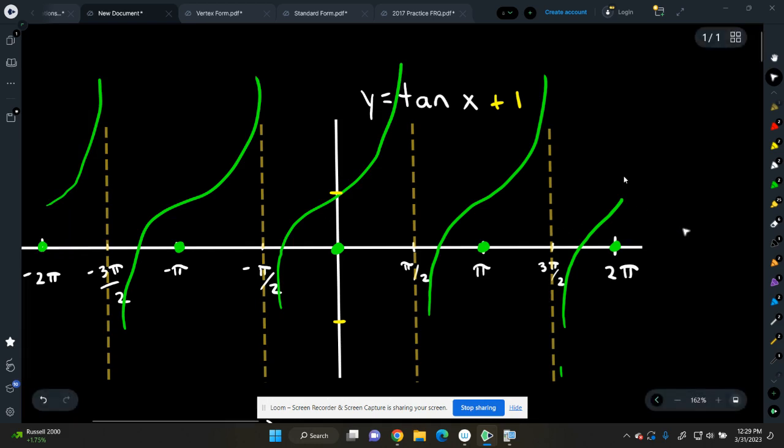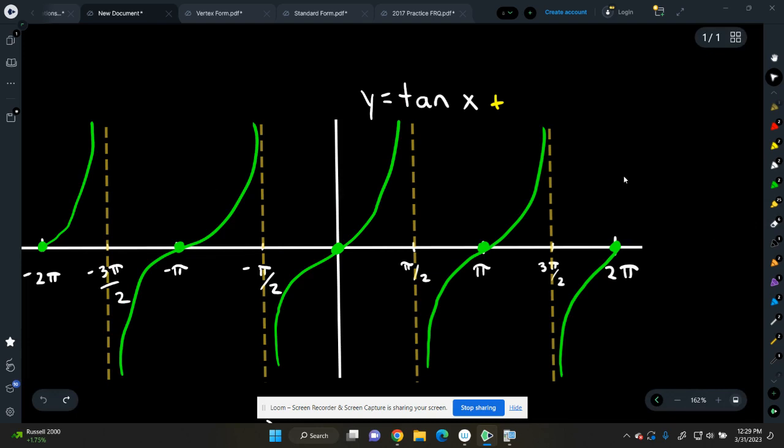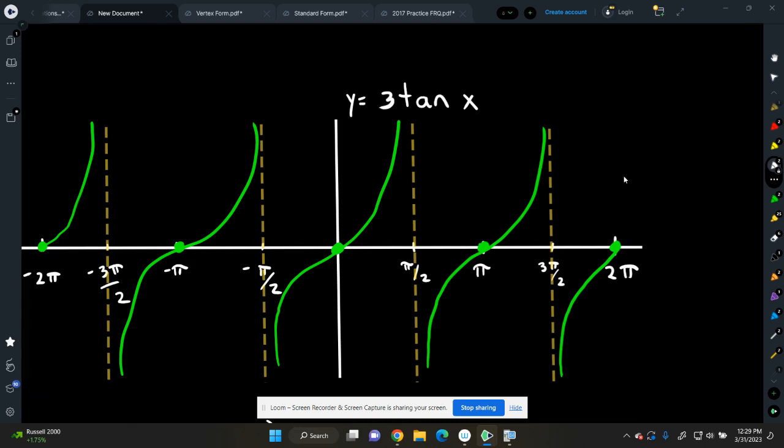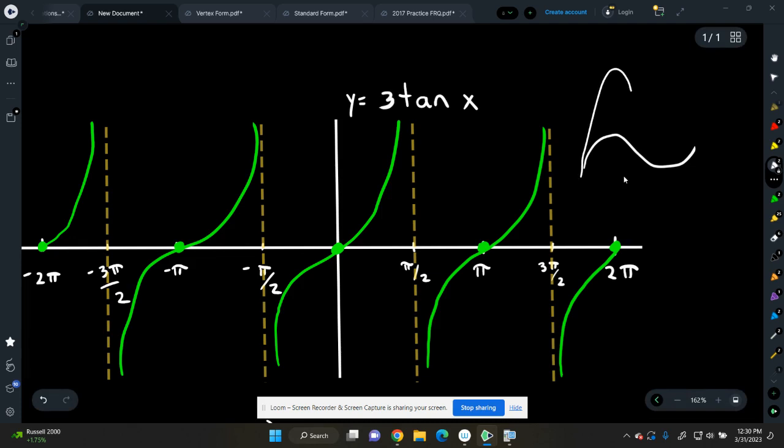What do you think would happen if we had y equals 3 tangent x? Because that 3 represents what? The amplitude, right? On a sine curve, instead of just going like this, if it was 3, it's going to go up higher and down lower.